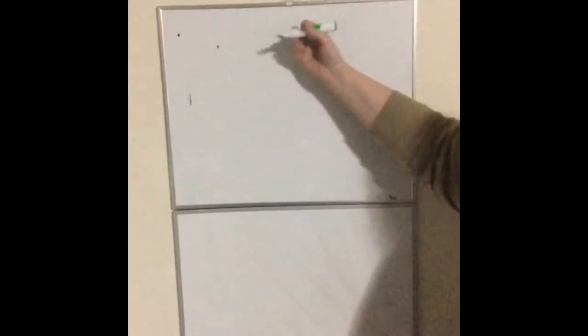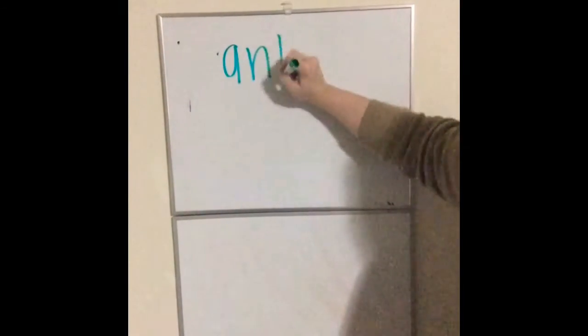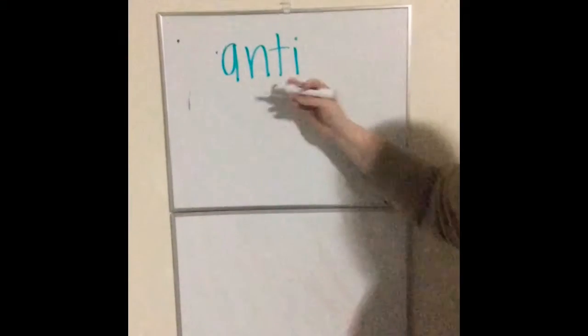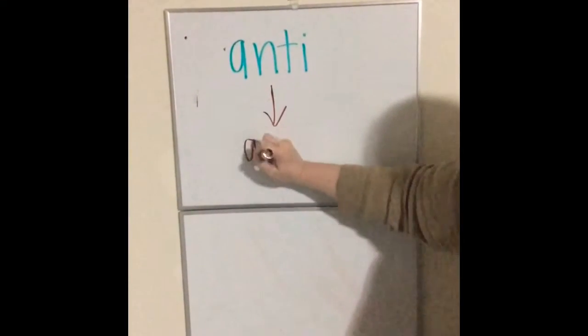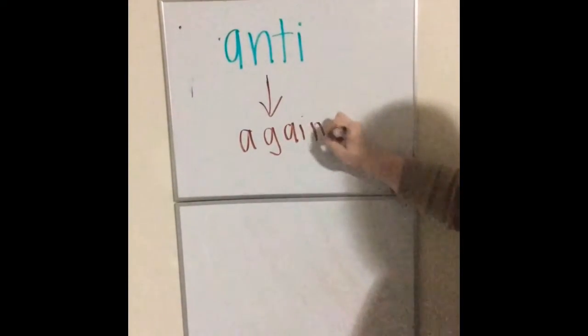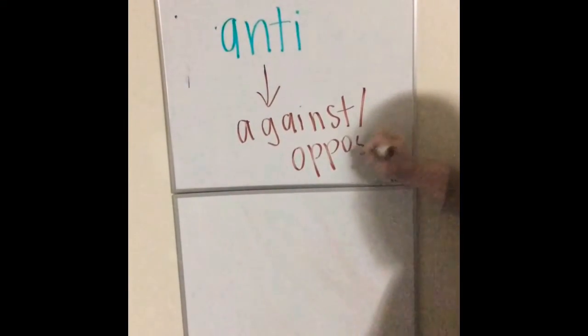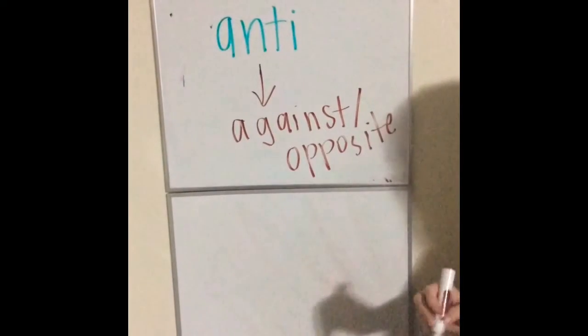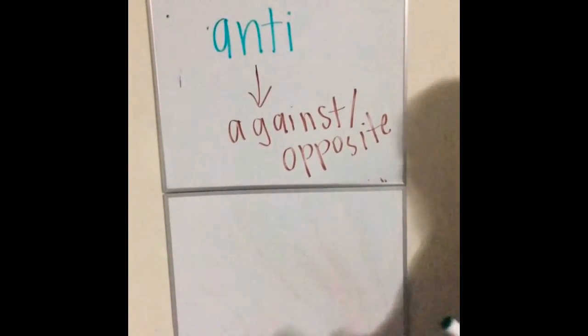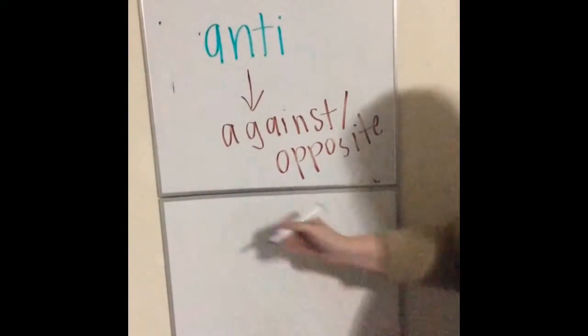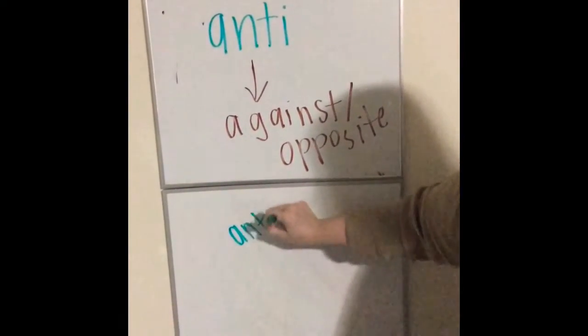The other important root you need to know for this chapter is anti. Anti means against, or sometimes opposite. This is a root that you see almost every day of your life. Some common words using this root are antibiotics.